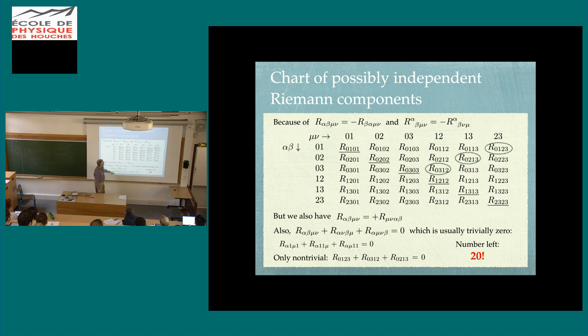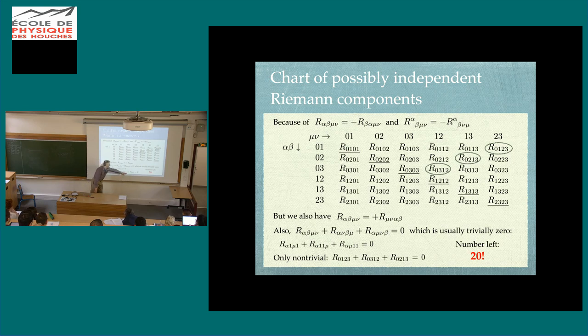Okay, so let's count them up. So I've got 1, 2, 3, 4, 5, 6, 7, 8, 9, 10, 11, 12, 13, 14, 15, 16, 17, 18, 19, 20, 21. Okay? But I've also got this relationship, which is usually trivially 0, and that shows you an example.